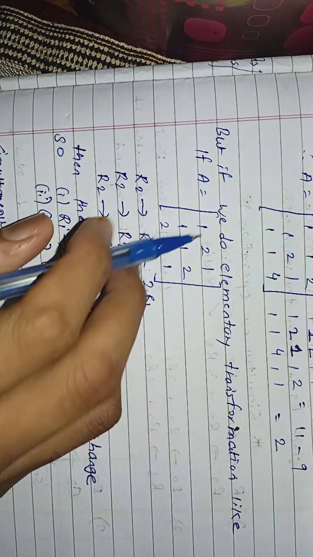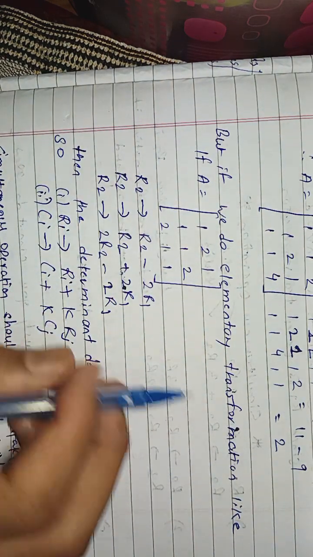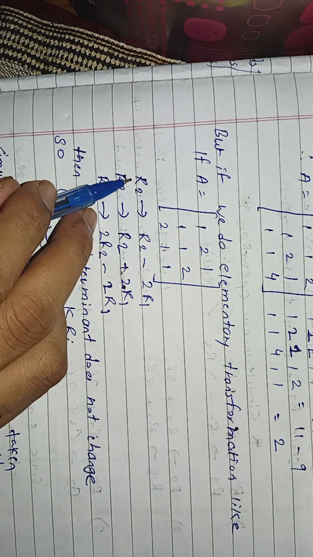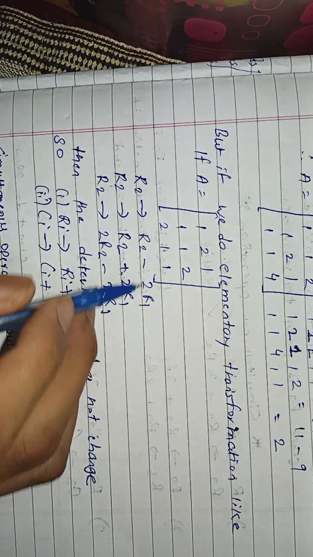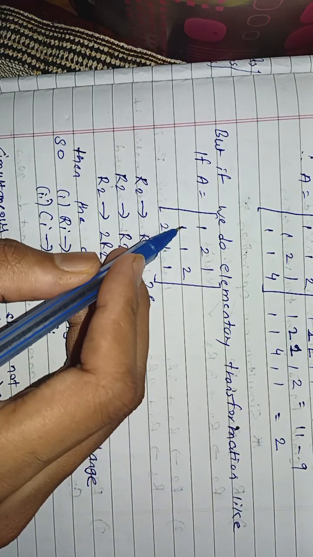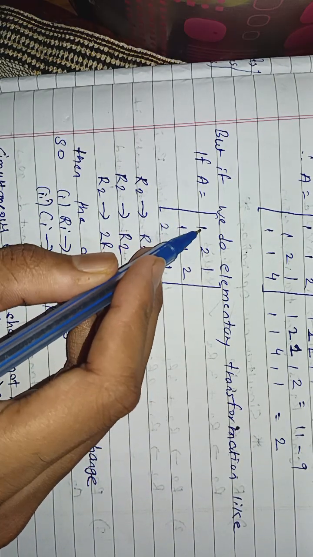But if you do an elementary transformation, so what is an elementary transformation? I can write R2 as R2 minus 2R1.